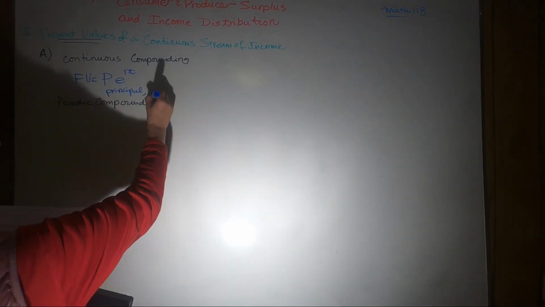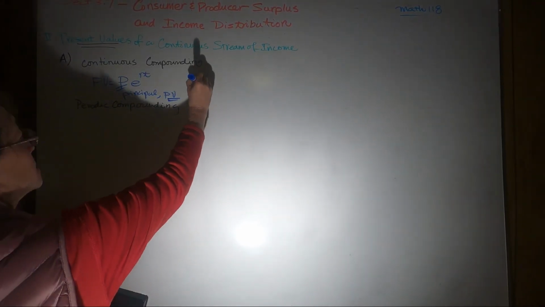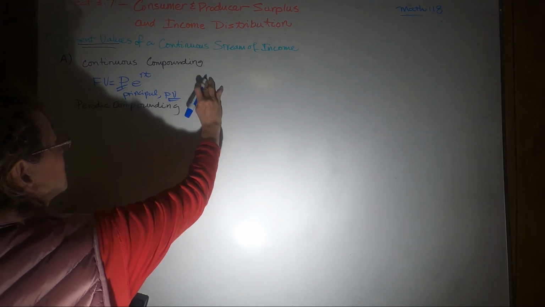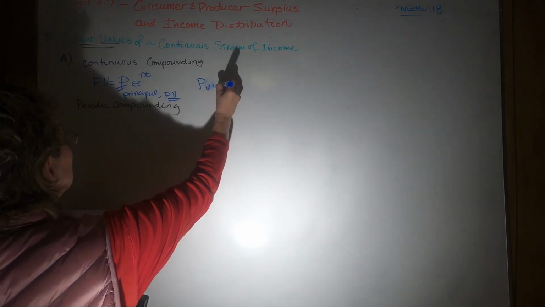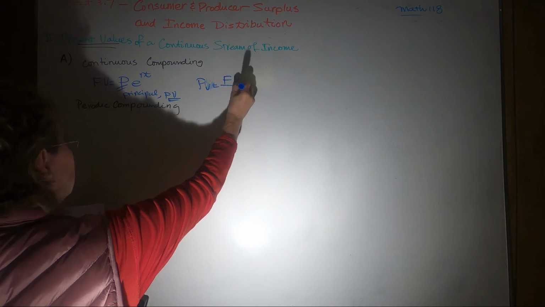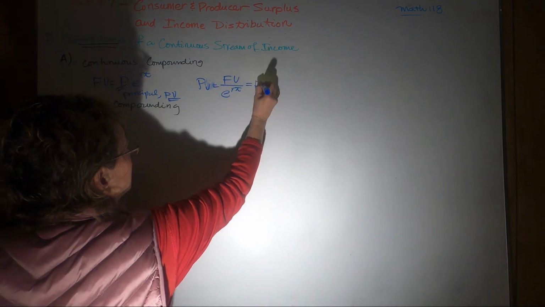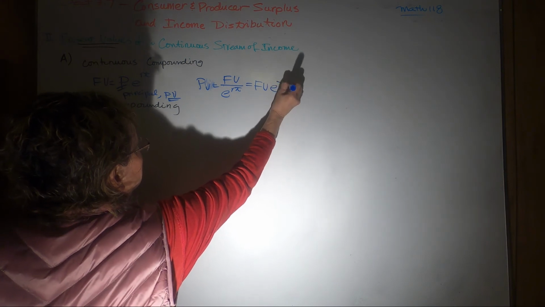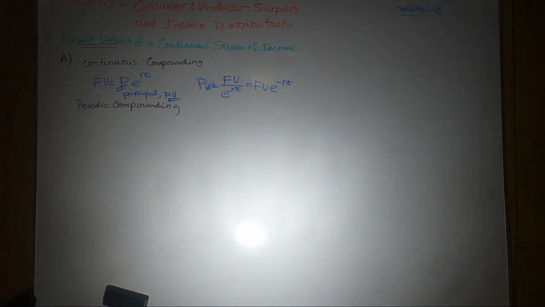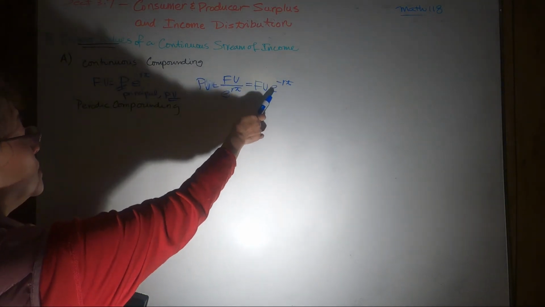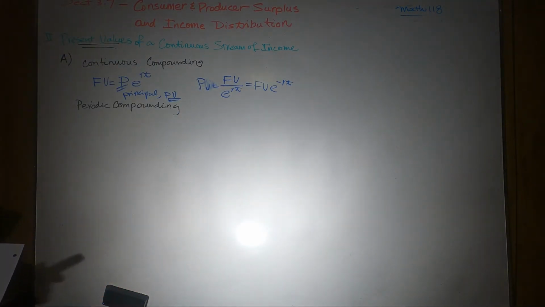So if I want to calculate a present value, it would be your future value divided by e to the RT, right? That would be future value times e to the negative RT. We use negative exponents this way.